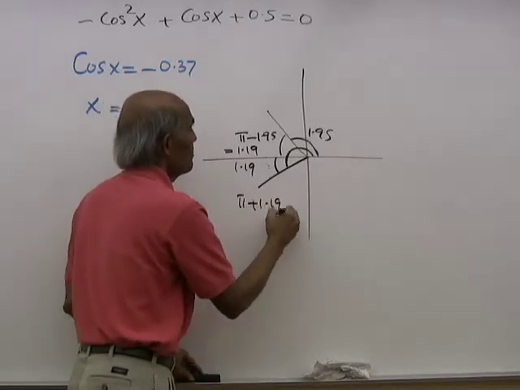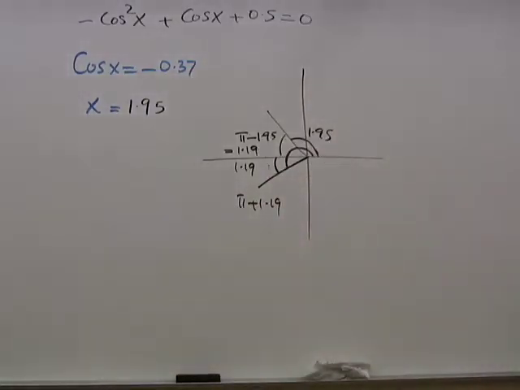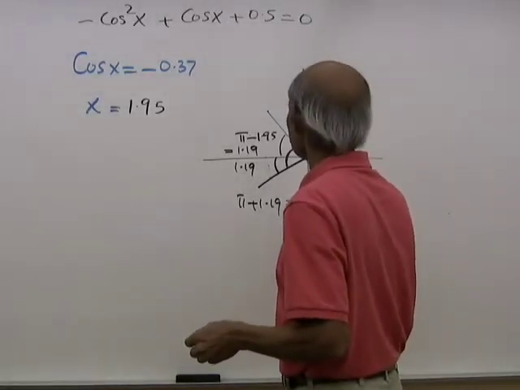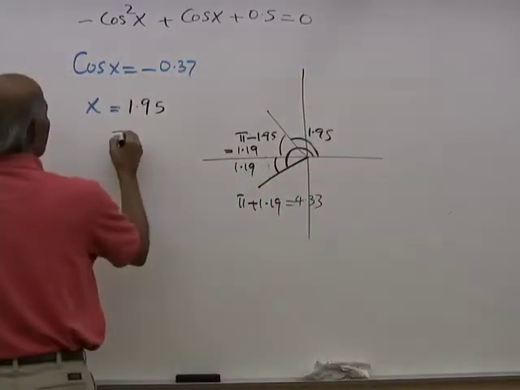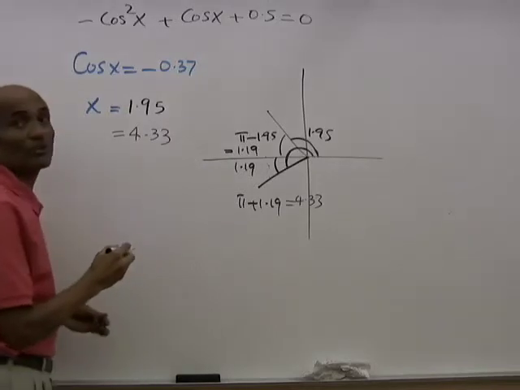Pi plus 1.19. And what is that number, pi plus 1.19? Is that 4.33? That's right. So your x values are 1.95 and 4.33.